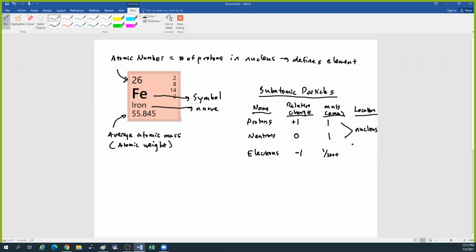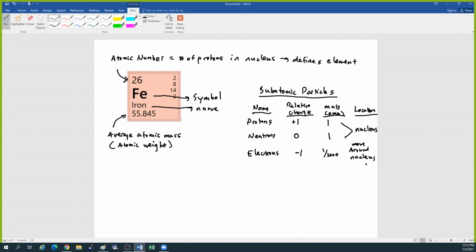And then the electrons, I could use the term orbitals right now, but for the sake of understanding visually, they move around the nucleus. We could use the term orbit, but we're going to learn later that orbit is not quite right. But for now, you can picture the electrons zipping around the nucleus.